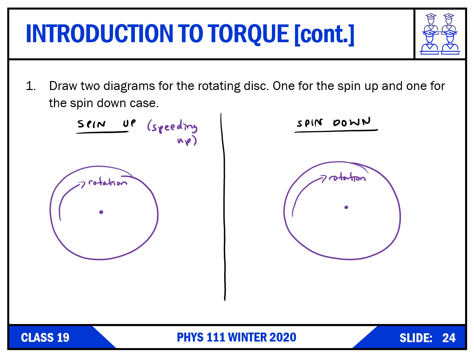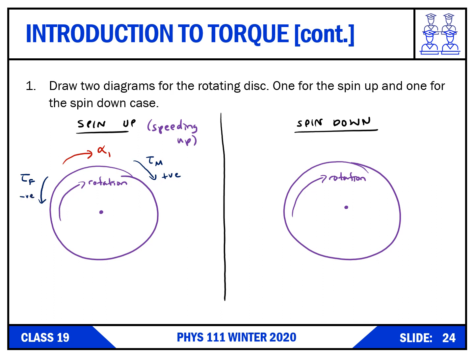This also means that your acceleration is increasing in the positive direction, so you have alpha 1. You have a frictional torque slowing it down, so we call this tau F, and you have a motor torque going in this direction. Hopefully this makes sense. This is in the positive direction, this is in the negative direction.